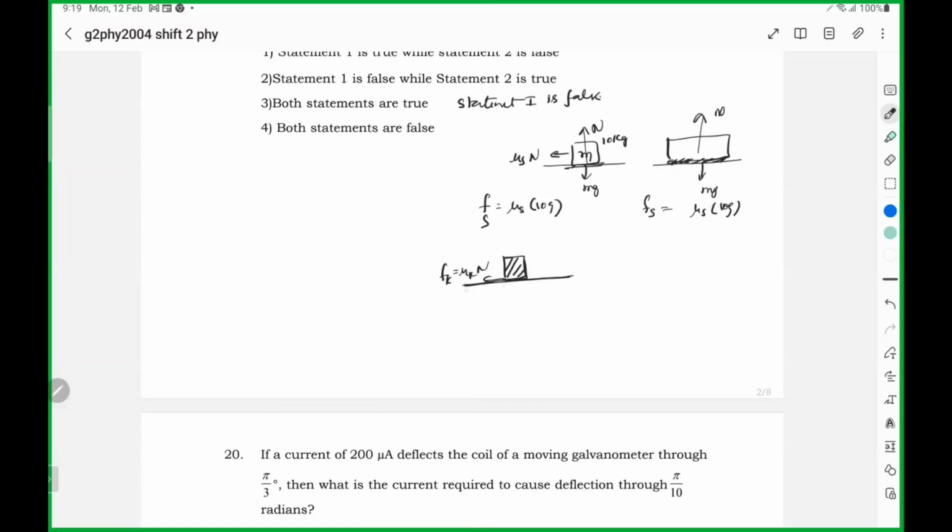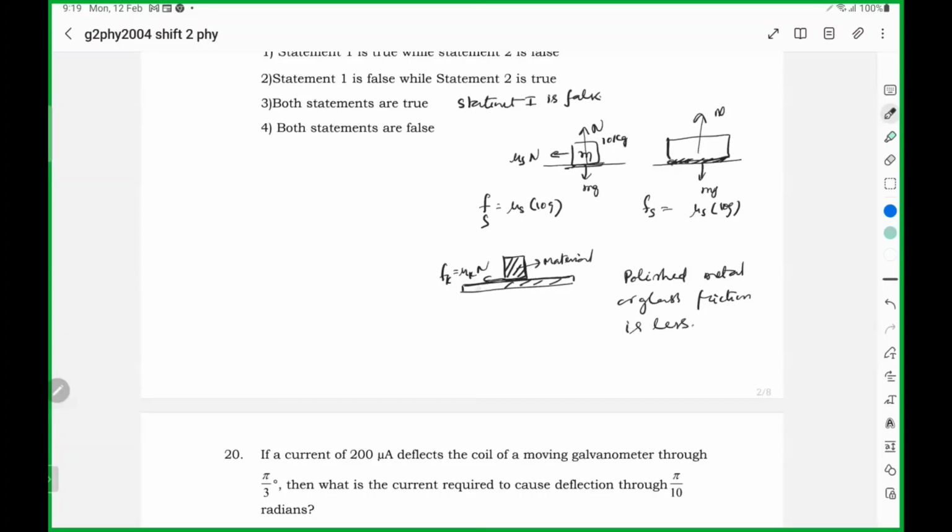This depends upon the surface as well as the material moving on the surface. For example, if it is polished metal or glass, friction is less.